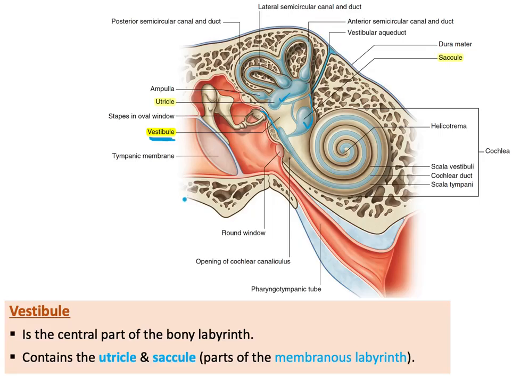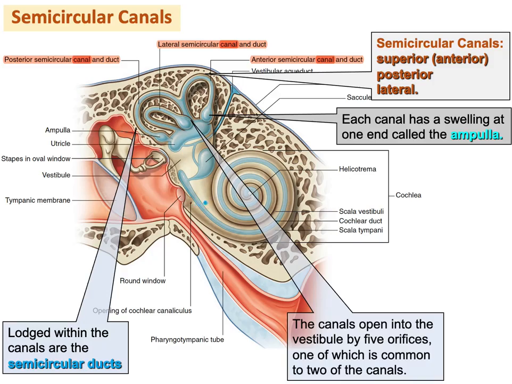Back again here. The semicircular canal is the bony part. You see the bone? There is a canal there, like a skeleton. Inside it, there is a semicircular duct. That's why we say canal and duct.